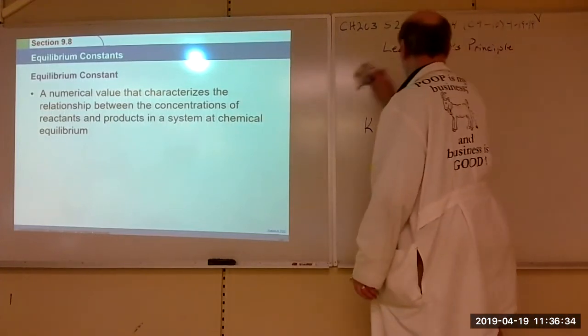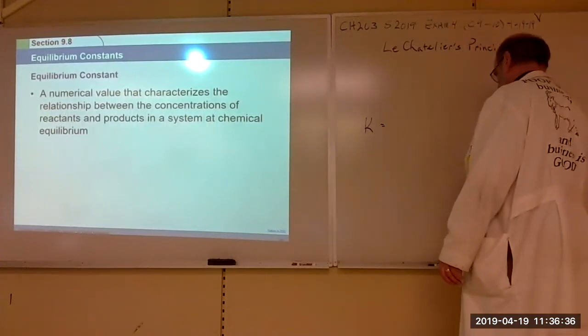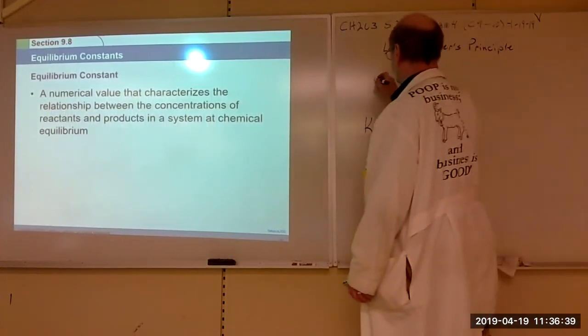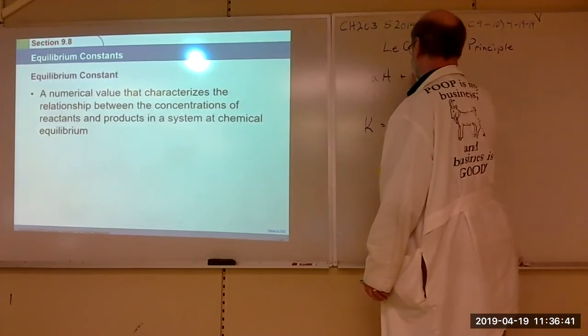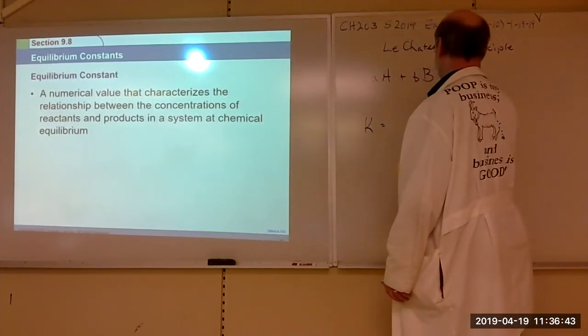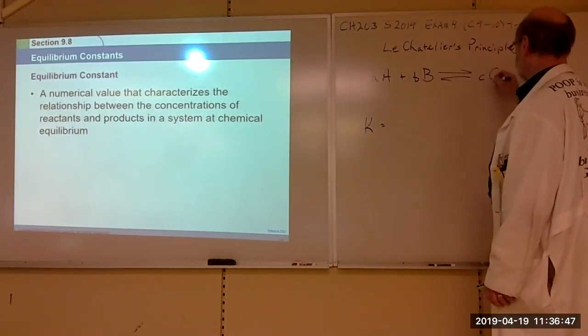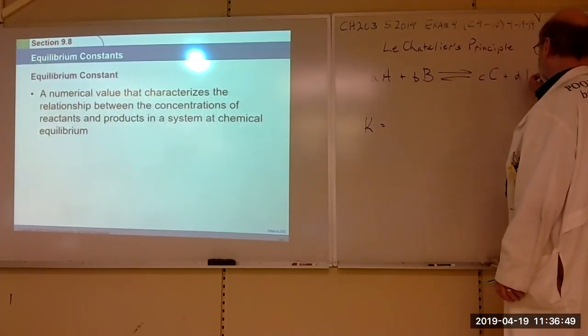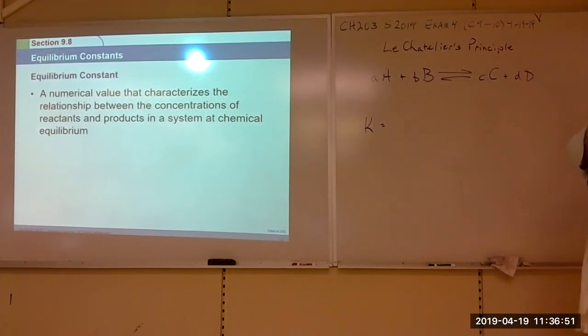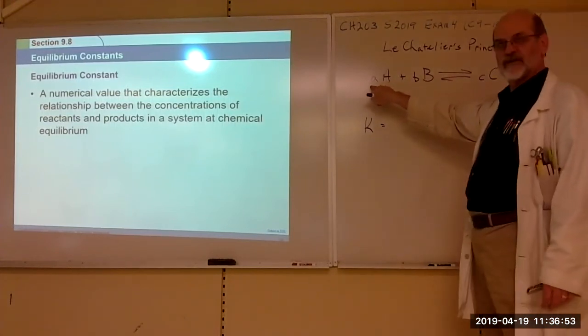Let me use the generic first. So if we have reactants, this many A's, this many B's, in equilibrium with this many C's and this many D's. Okay, so these are your coefficients. They'll be numbers.